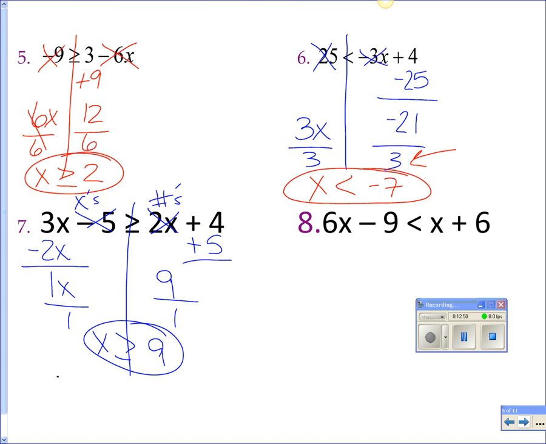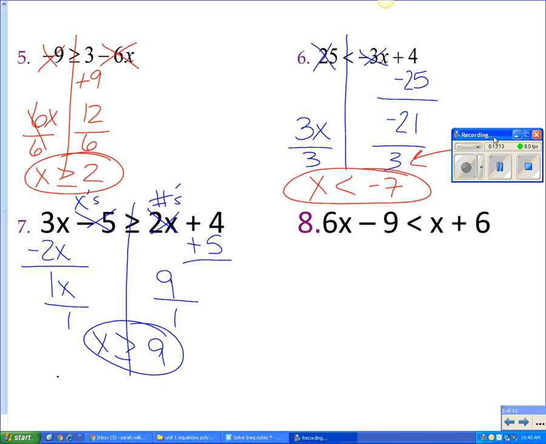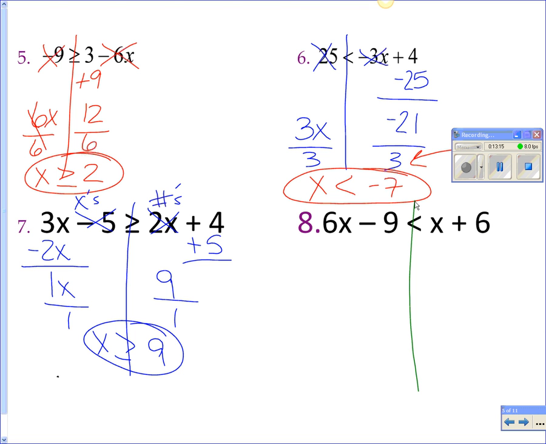And James, does my sign flip or just drop down? All right, and number 8. 6x minus 9 is less than x plus 6. Levi, what do I do first? Allison, something that needs to move?